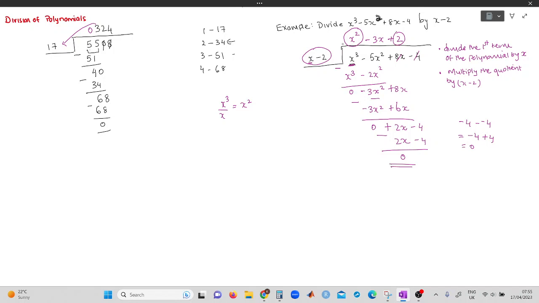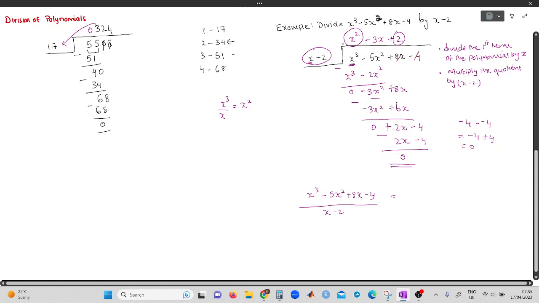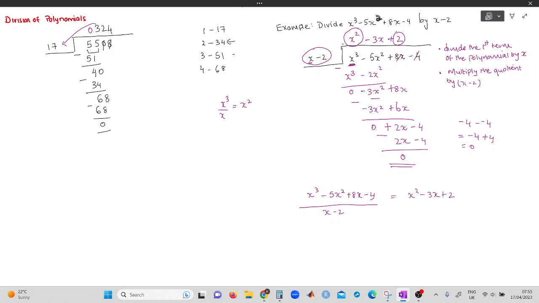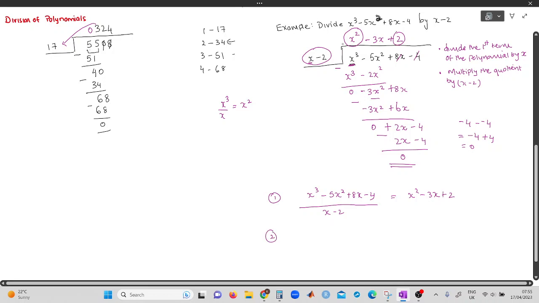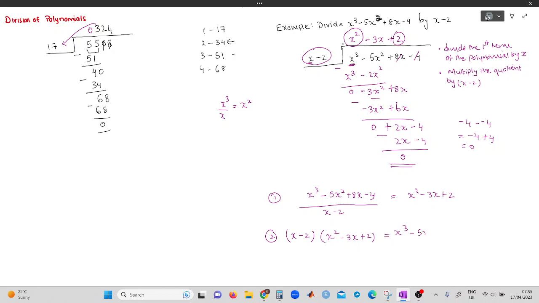Donc, je suis capable de dire que, ok, il y a différentes façons d'interpréter. X cubed minus 5x squared plus 8x minus 4 divisé par x minus 2 give me x squared minus 3x plus 2. Ça, c'est une façon d'écrire, ou bien, je suis capable de dire que x minus 2 multiplié par x squared minus 3x plus 2 me donne this one.